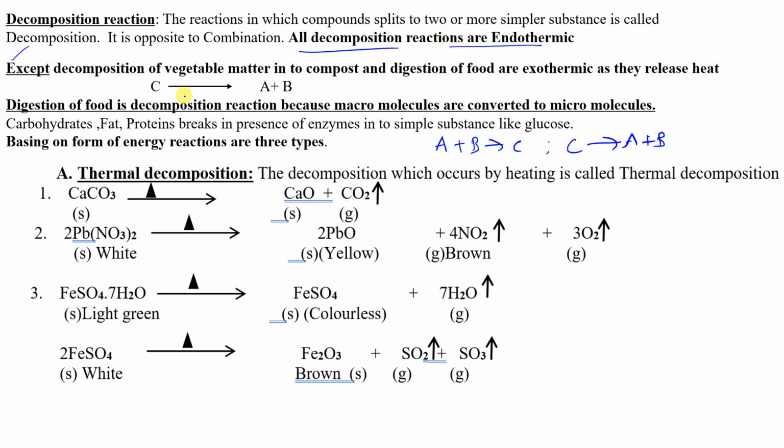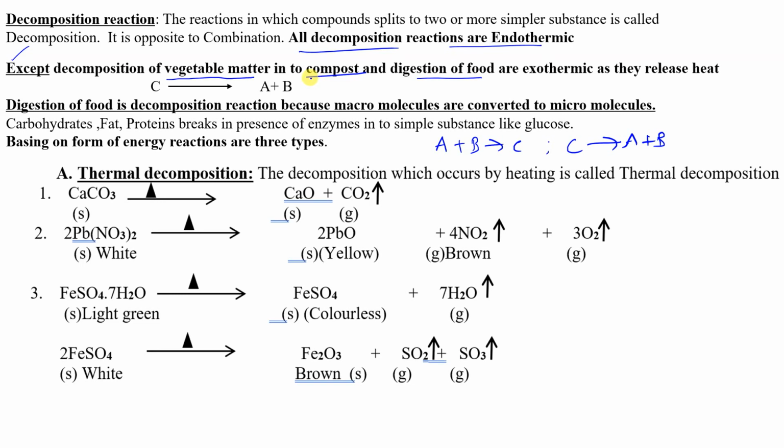Exceptions are there: decomposition of vegetable matter into compost, and digestion of food, are said to be exothermic. Whatever the vegetable waste is in our kitchen, it can be decomposed into compost.